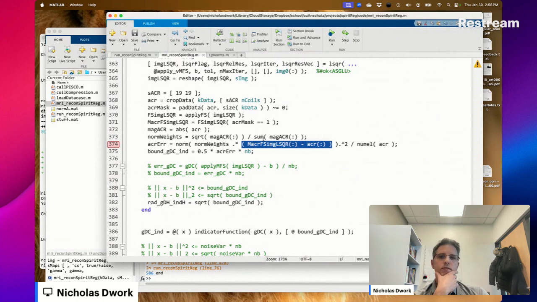That's the expected value of the variance. Or after dividing by the number of elements.